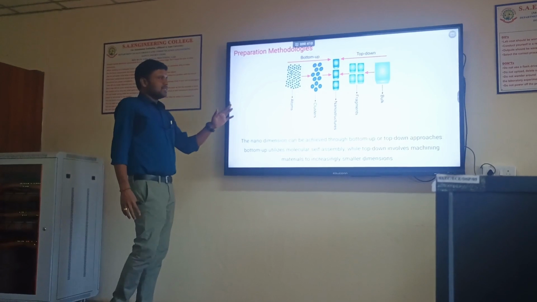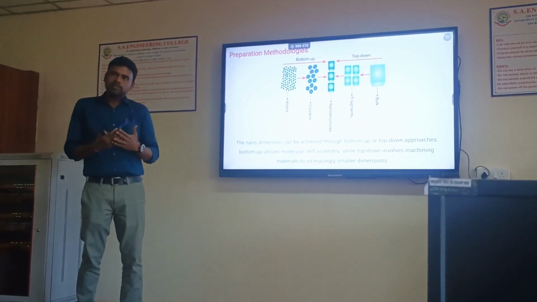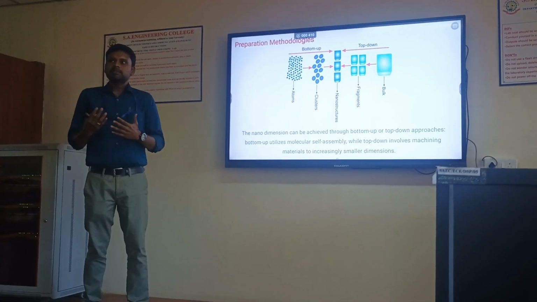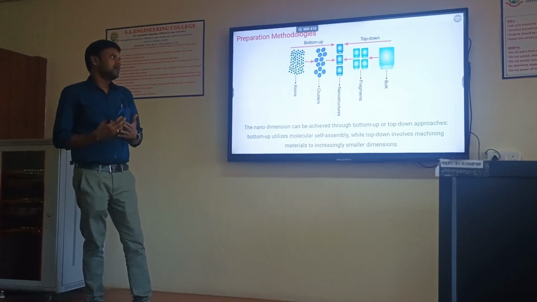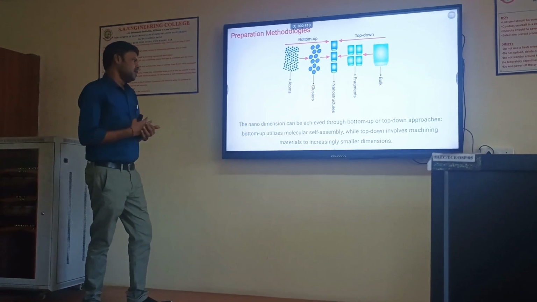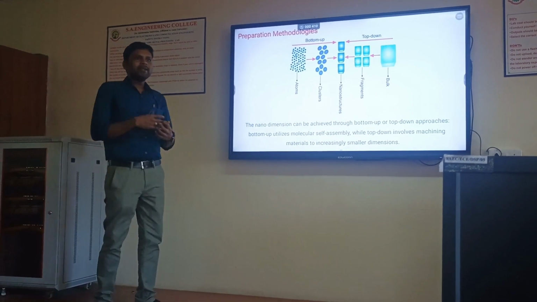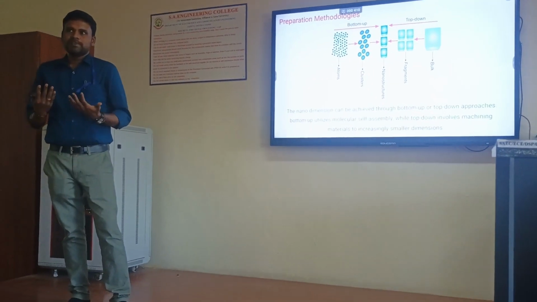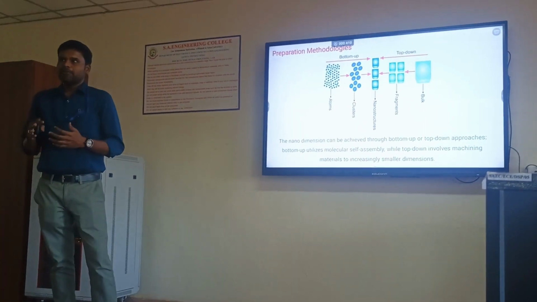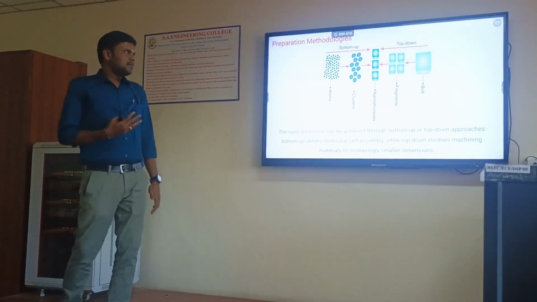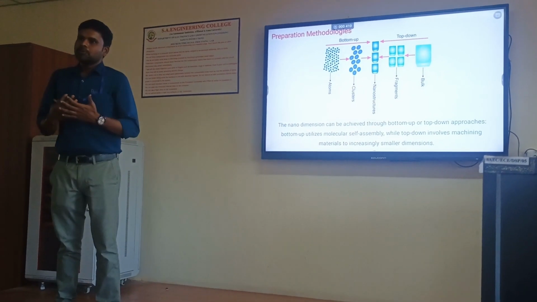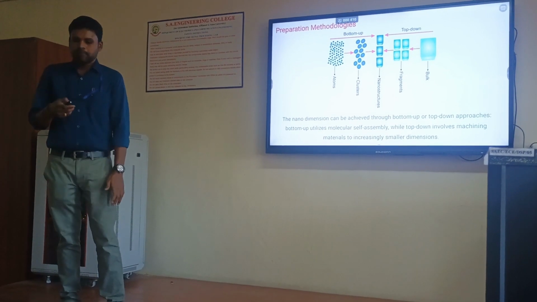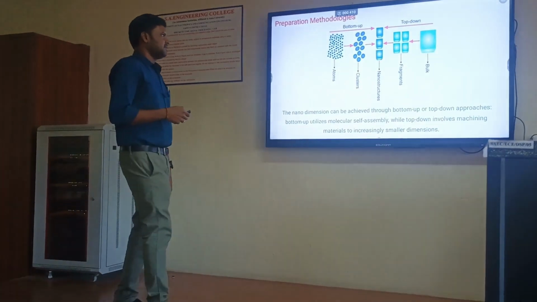We'll be discussing the processes used in bottom-up approaches and in top-down approaches one by one. But ultimately it is up to us which process we take for the creation of nanomaterials. Based on the requirement and the application we prefer, we can go for the preparation process.